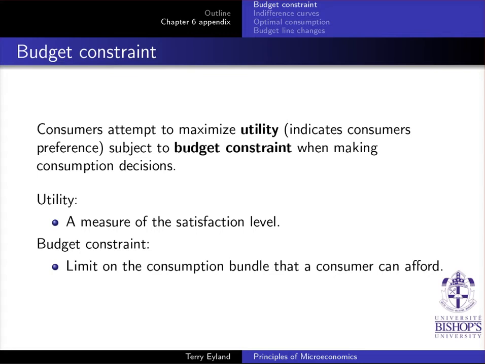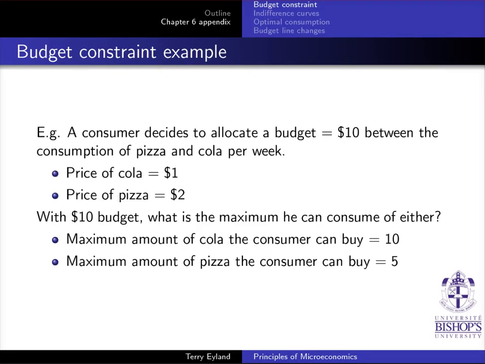So here is a simple example where we have the consumption of pizza and cola. And let's say a consumer decides to allocate a certain portion of its budget. We'll generalize the different options in the future, but you allocate simply $10 between the consumption of cola and pizza per week.